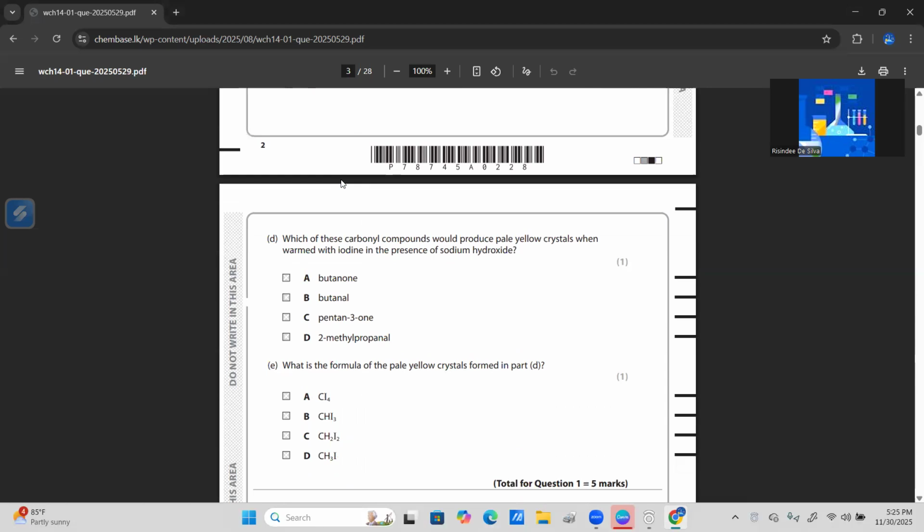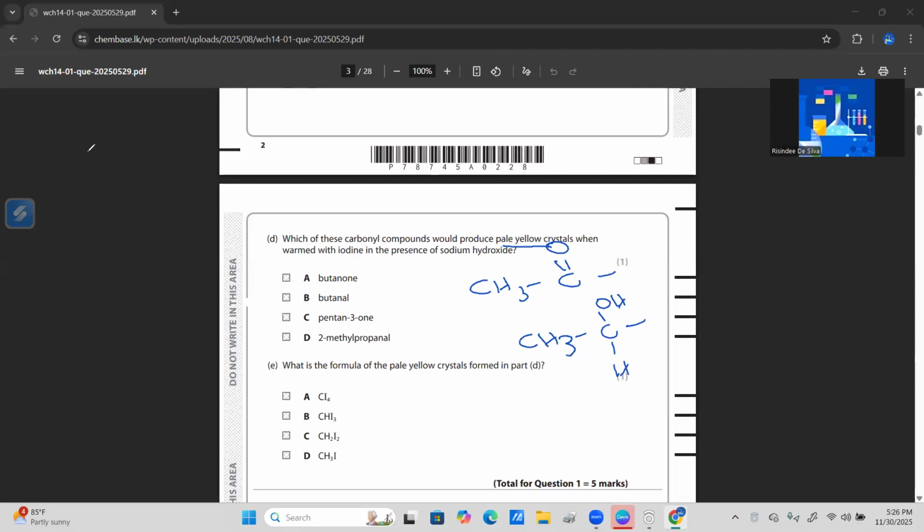Which of these carbonyl compounds would produce pale yellow crystals when warmed with iodine in the presence of sodium hydroxide? So children, remember that this is the iodoform reaction. Iodoform reaction is positive when you have a methyl ketone, a group like this, or when you have a secondary alcohol with a methyl group. For these two, it gives a positive result.